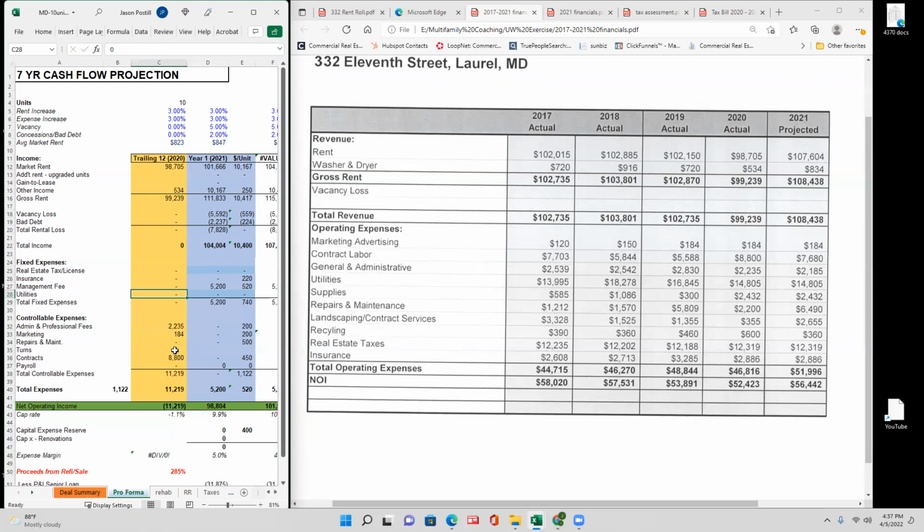So just to break this down real quick, controllable expenses you can control for the most part. So like repairs and maintenance, you can put in better quality to have those repairs less frequent, right? You can control your payroll by being more efficient with who you hire, so you don't have to overhire.